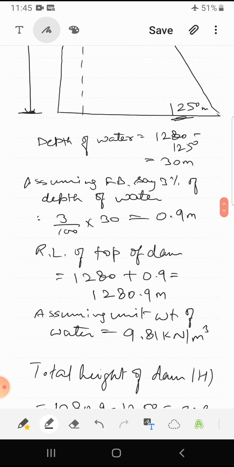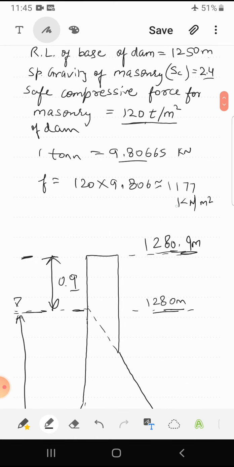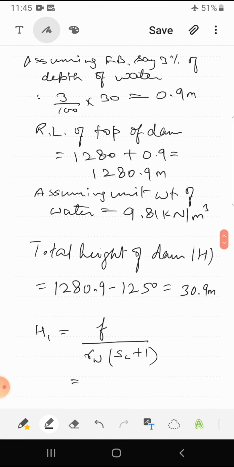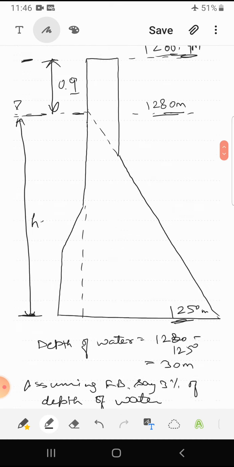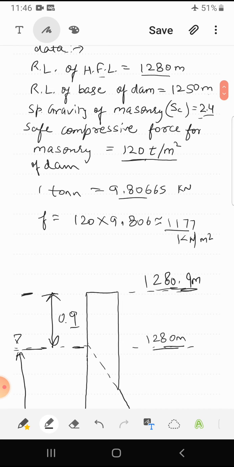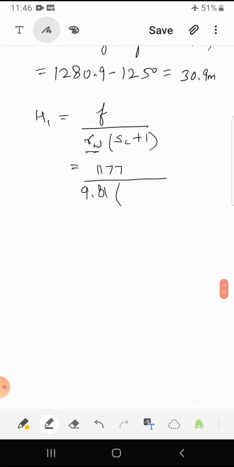So F is 1177 divided by gamma w which is 9.81, SC is 2.4, plus 1.